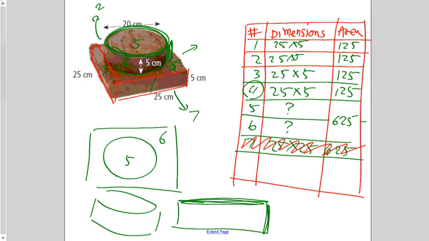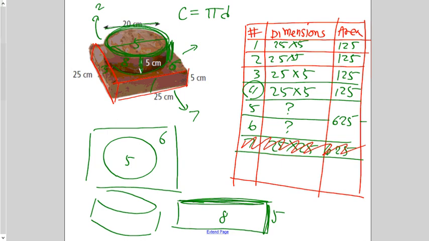So if we can figure out those parts, we're off to the races. This one is easy because it's right here. So in our rectangle for our face number 8, that is 5 centimeters. Circumference is not given. Some might think that 20 there is the circumference, but you would be wrong. That is the diameter of the circle, not the circumference. So the circumference is equal to pi times diameter. That's the formula.